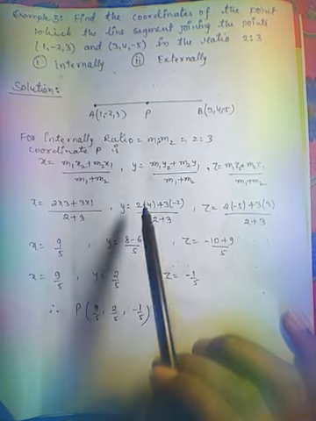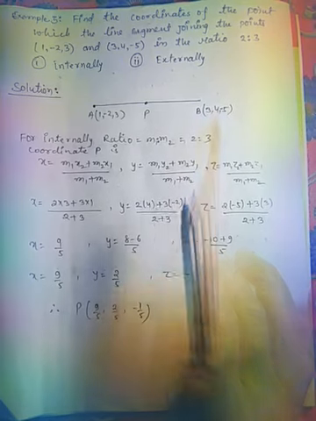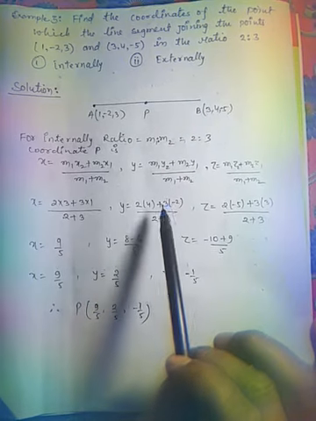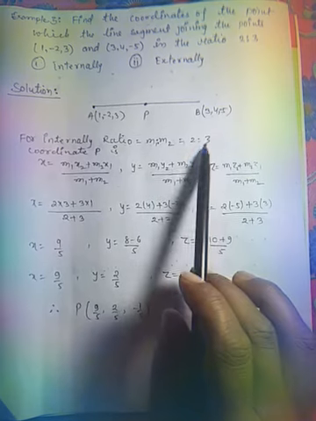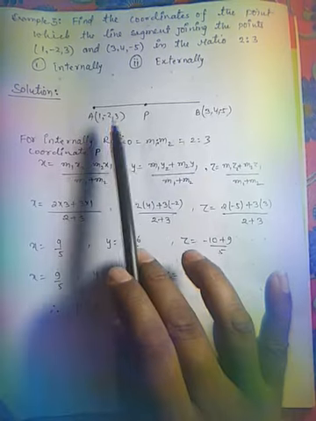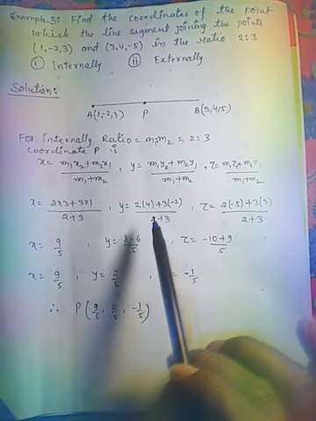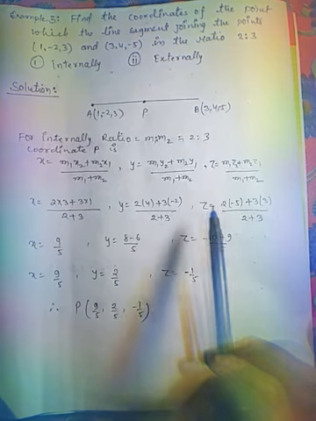Similarly, m1 is 2, y2 is 4, so 2 into 4 plus m2 which is 3 and y1 which is minus 2, so (2 into 4 plus 3 into minus 2) by (2 plus 3).